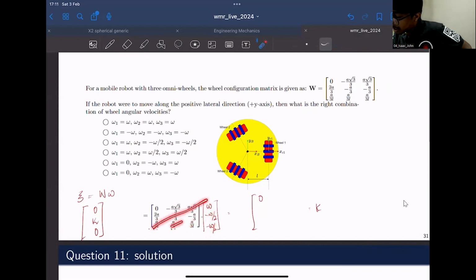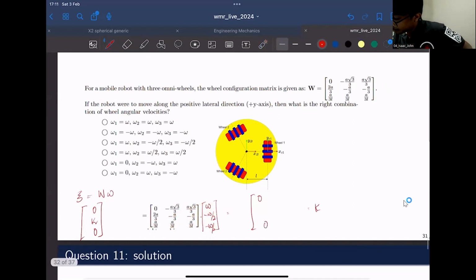So 1 minus half, that is also 0. So we'll get the right vector with this combination, I suppose, unless I'm very much mistaken. So the correct vector would be omega minus omega by 2 minus omega by 2.